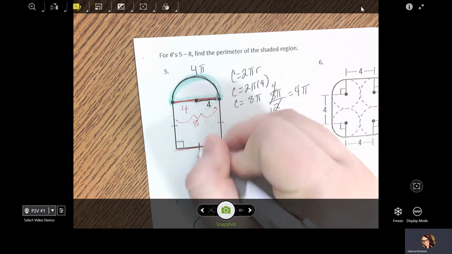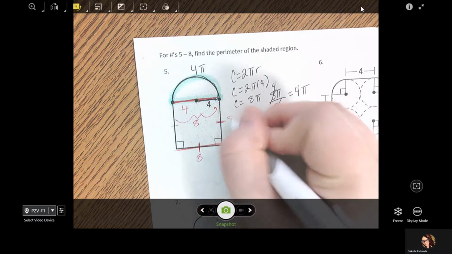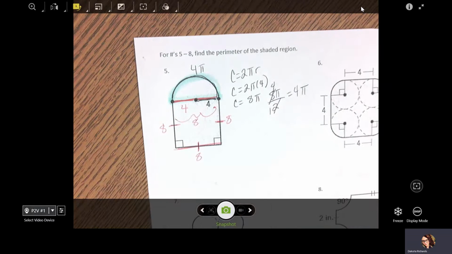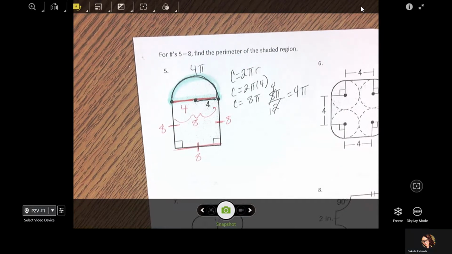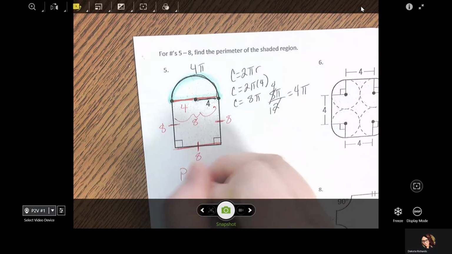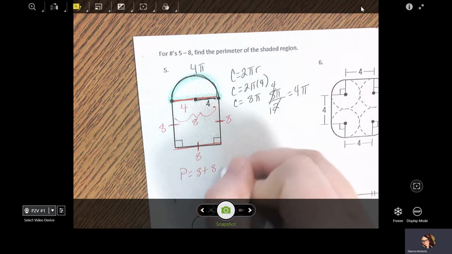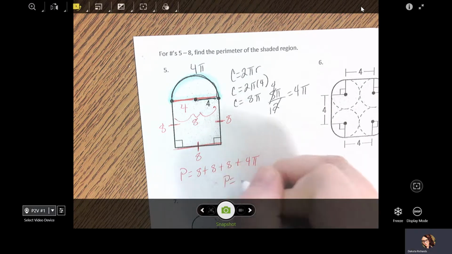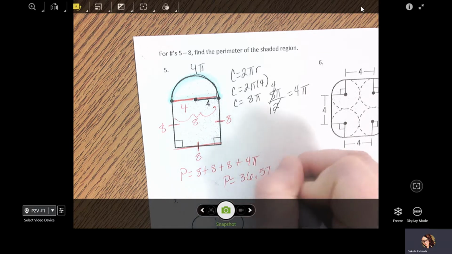And because of these little tick marks, those other sides are also 8. Can you see that? So to get the perimeter, you're going to take 8 plus 8 plus 8 plus the 4 pi. The perimeter should be around 36.57 units.